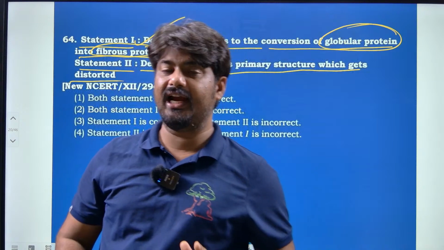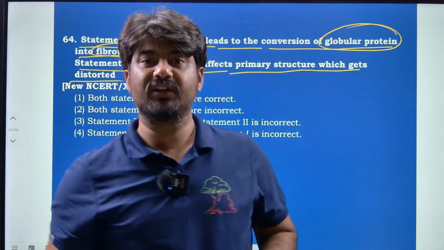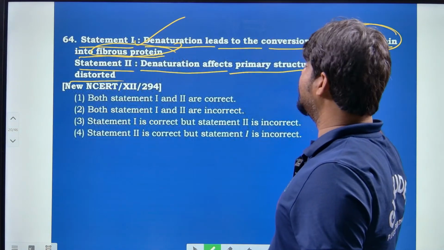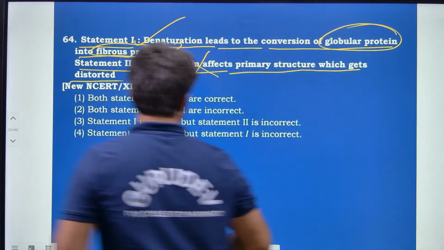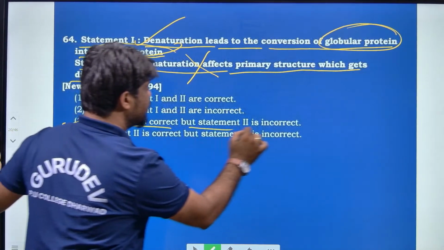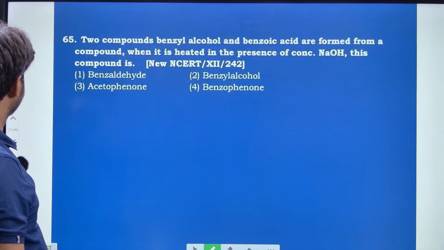I'll repeat once again: during denaturation of protein, secondary and tertiary structures get destroyed, but not primary. But they have given here that primary structures are destroyed. So statement 2 is incorrect. Statement 1 is correct, and the right answer is 3, because statement 1 is correct and statement 2 is incorrect. Yes. Go to the next problem then.